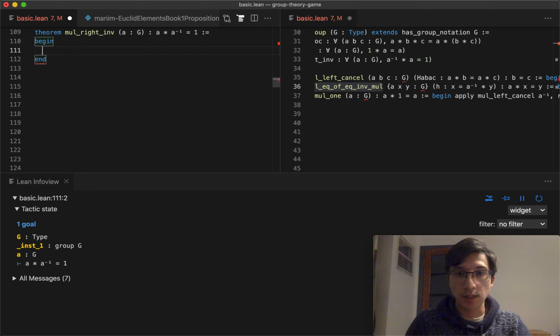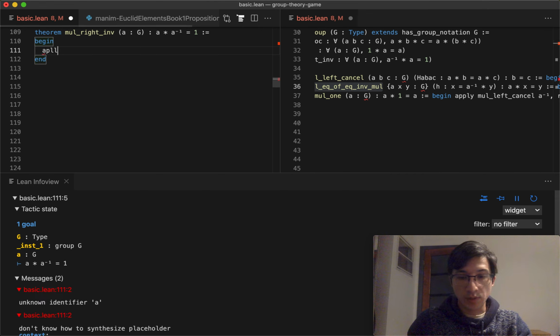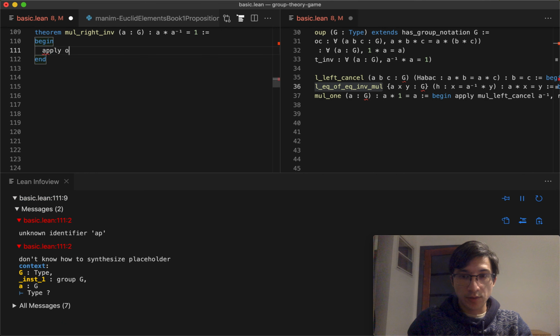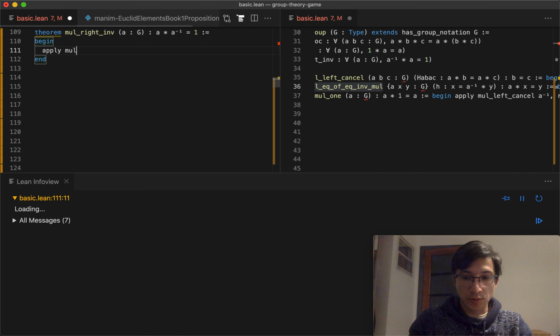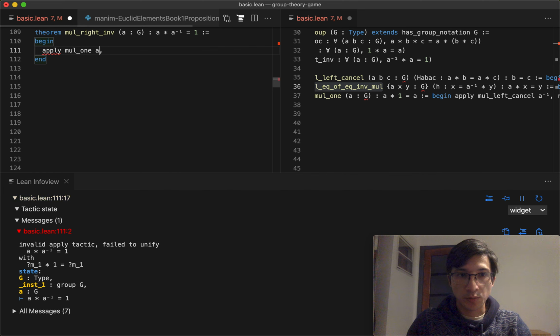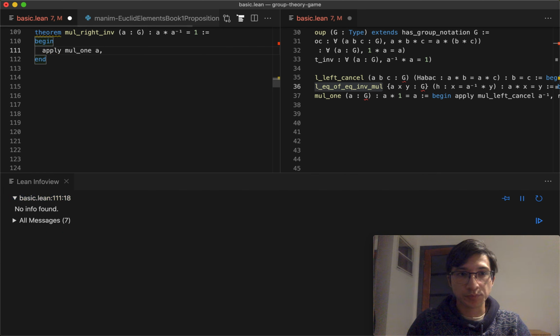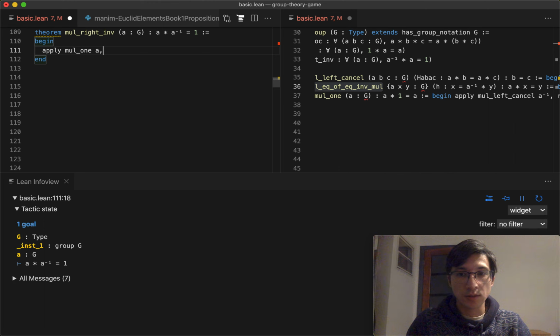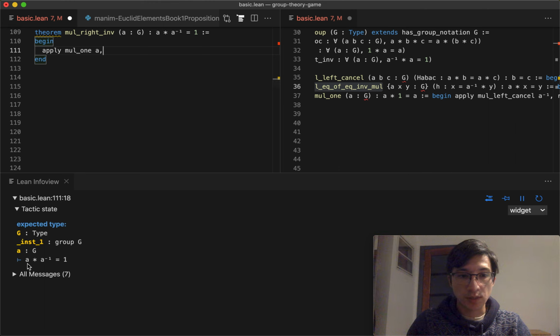And lastly, let's see if we could have done it using mul_one. With mul_one, we could use it in the left direction, where from our A we would have A times 1 to make a 1 appear. So we apply mul_one with argument A. So what we'll see is A times 1 times A inverse equals 1.